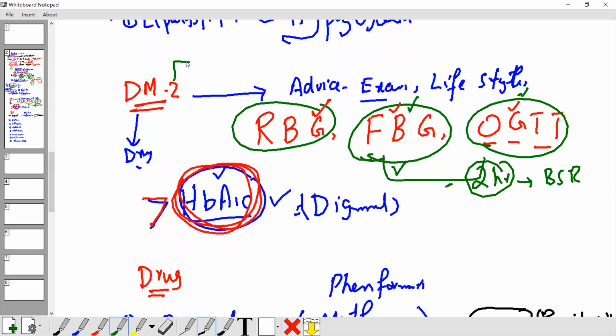One issue, insulin was low. And the second problem, insulin resistance. So we try to increase the insulin first, and we also try to improve the resistance.